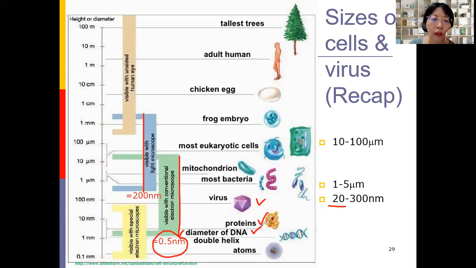Wonderful, right? But for the light microscope, we can see down to 200 nanometers. So 200 nanometers is how many micrometers? It's 0.2 micrometer.